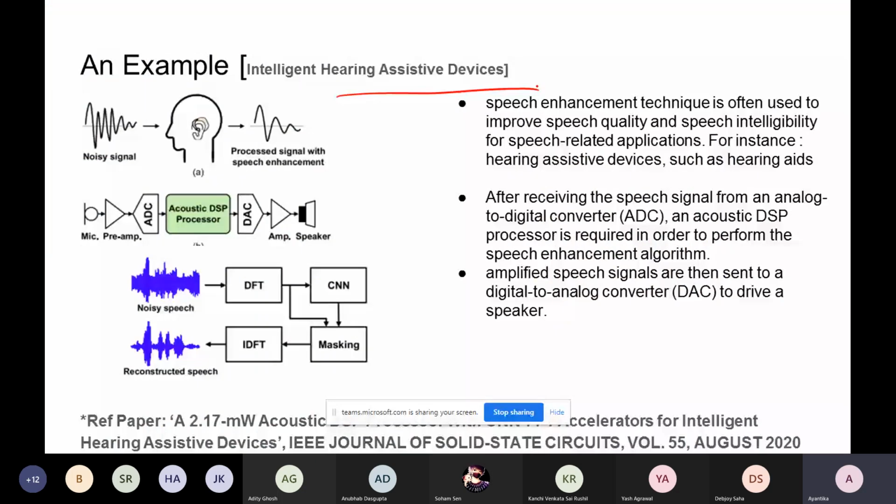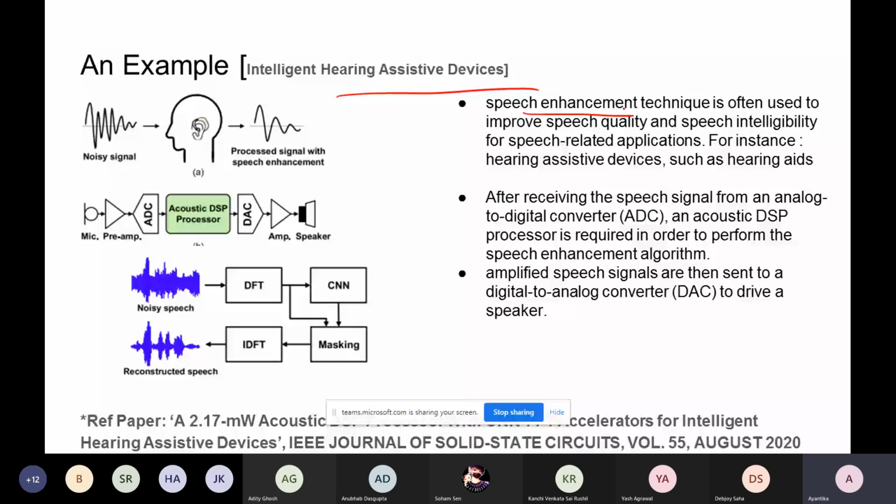They work on the concept of speech enhancement, where you have some speech related signal, you enhance it, and you pass it through a speaker. On these concepts we develop hearing aids and hearing assistive devices.